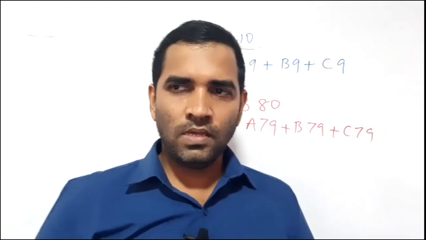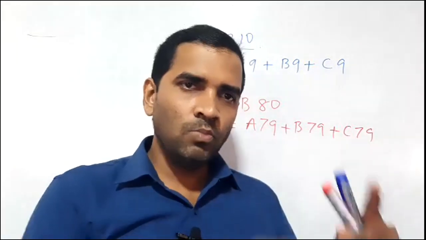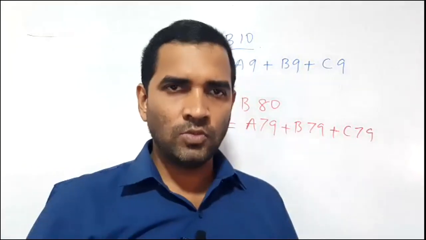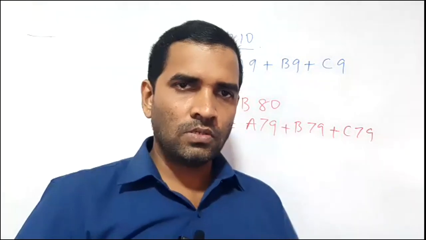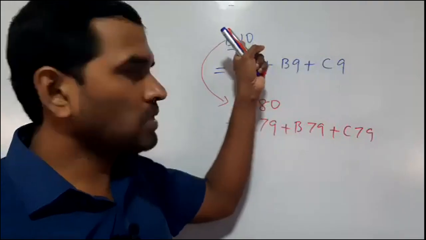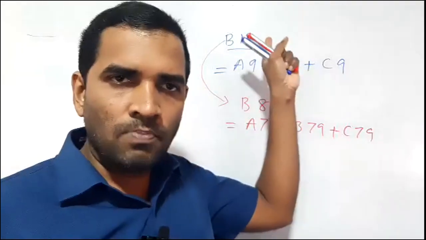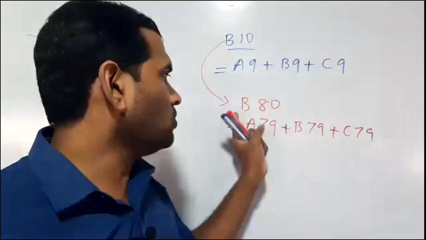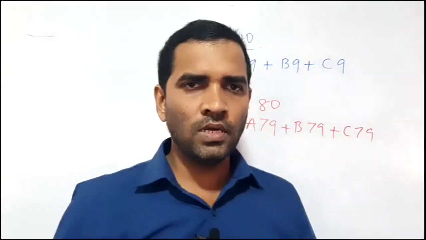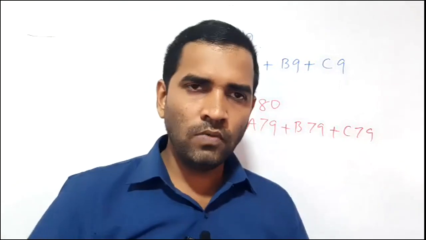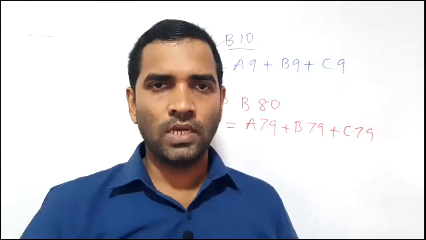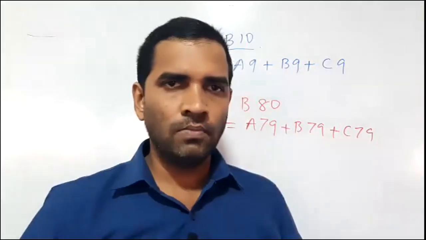Look, in the previous instance, we moved from one cell to another cell. We went to the immediate cell, which means the next cell. So we went from first row to second row. But here, the formula is in row number 10, but it has to be copied to row number 80. So we have to go long distances. We are not moving to the next immediate row, so we will move far away.